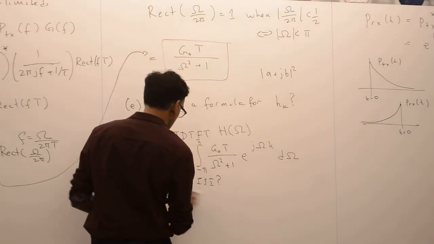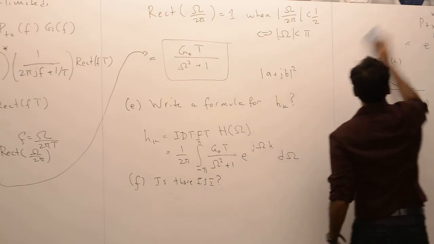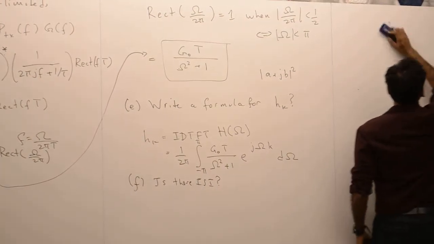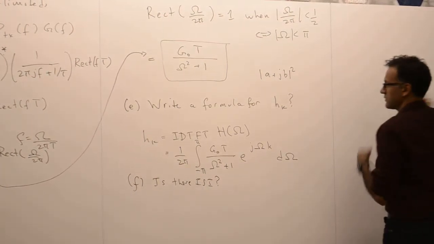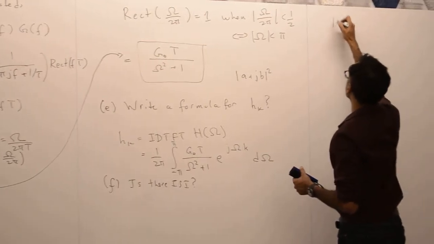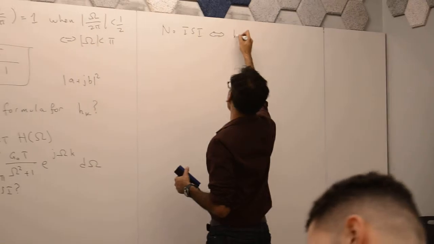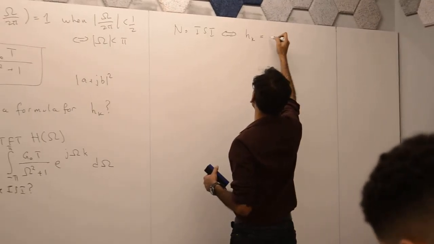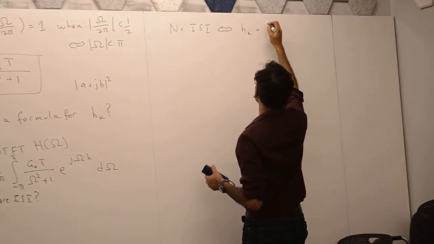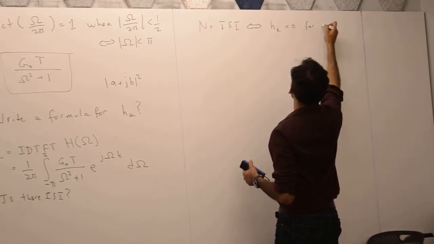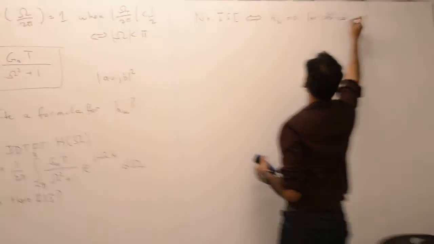So that's probably too low, so let me write it up here. No ISI implies that h_k is equal to 0 for all k not equal to 0, right?